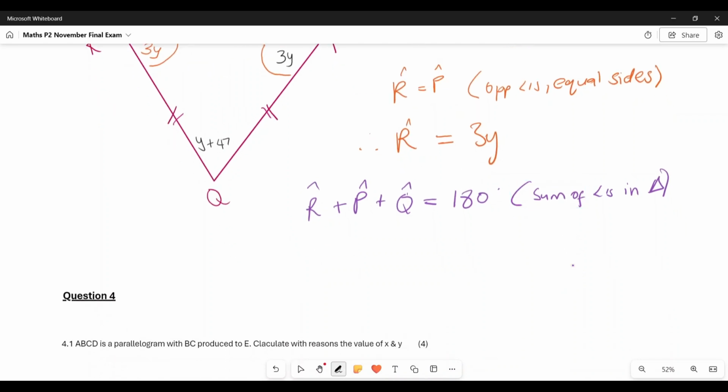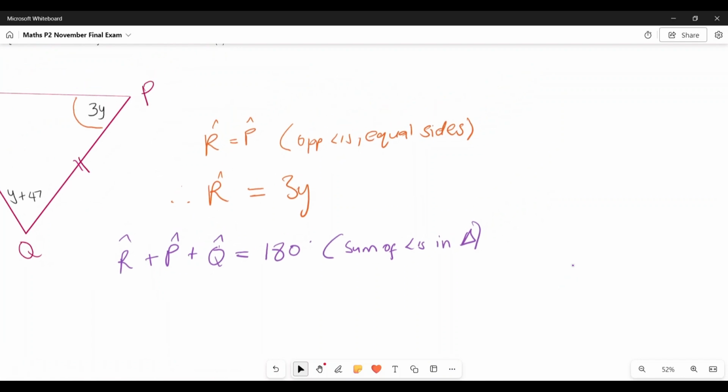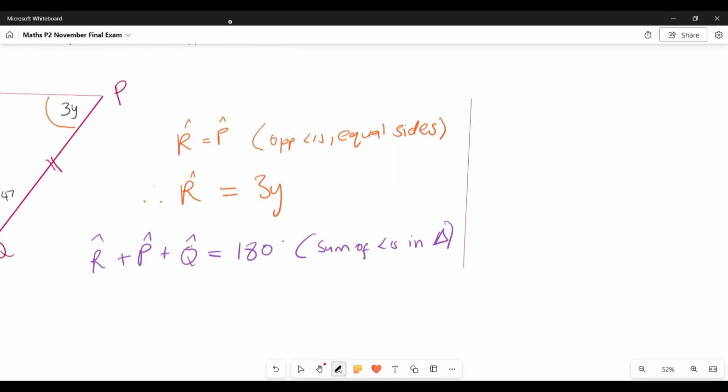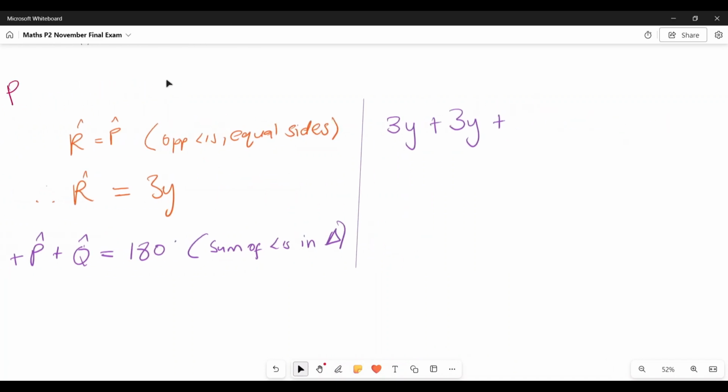Now, substituting my values, right? So I'm going to do my workings here on this side. My angle R is 3y, my angle P is 3y also, plus my angle Q, which is y plus 47. And all this is equal to 180.